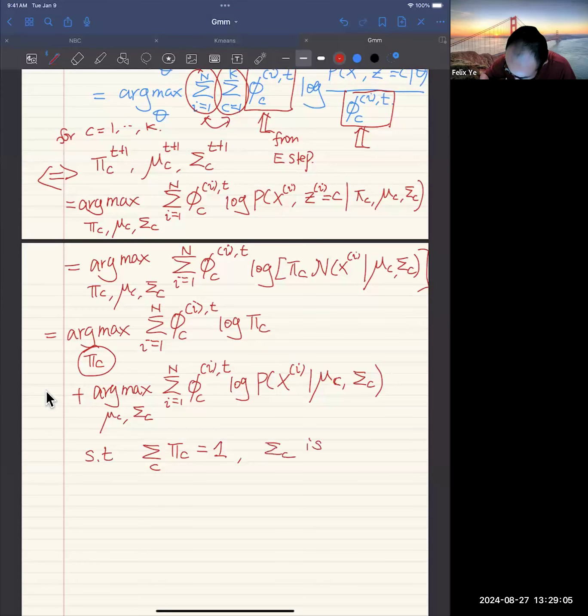Okay. The beauty of these things is that this has analytical solutions, and that's one of the homework problems. In the homework, you are going to solve this analytically.